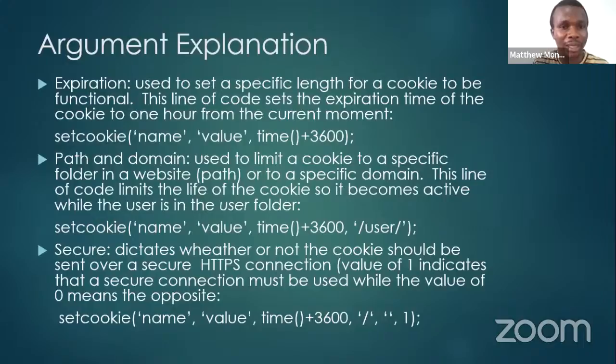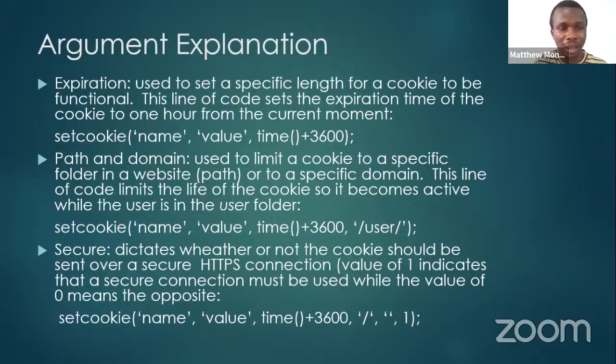Then the second parameter is the path. It describes what page among your web application you want this cookie to be effective on. Of course, you can always specify a particular domain or a particular part of your file system where the cookie will be active. You use the path to describe that.